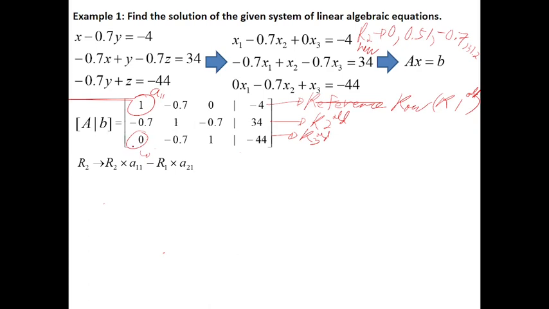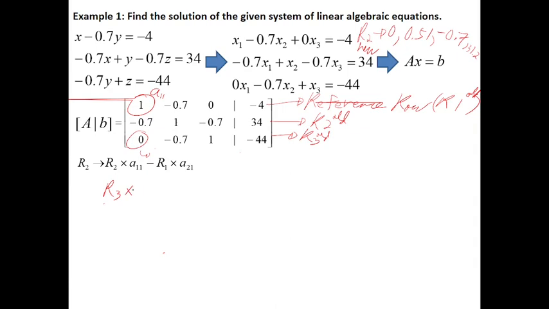So in that case, saang row nakalocate itong element na to? Saang row nakalocate? Row 3, di ba? Row 3.